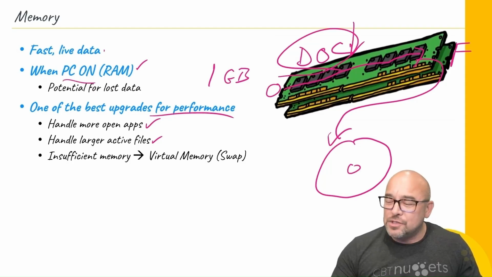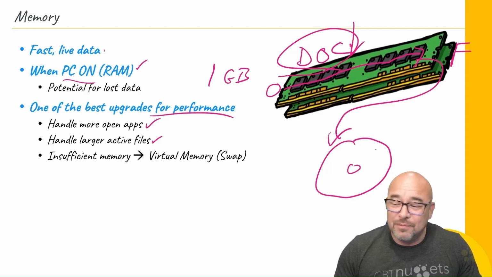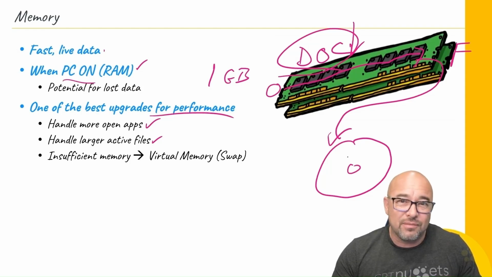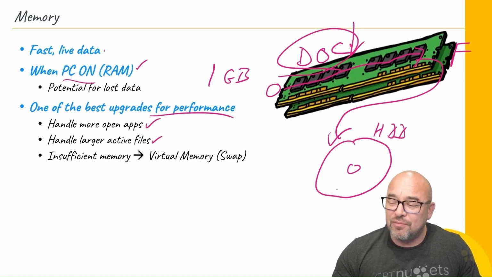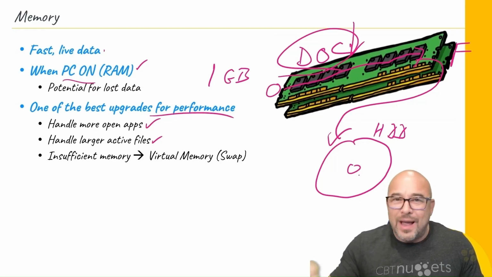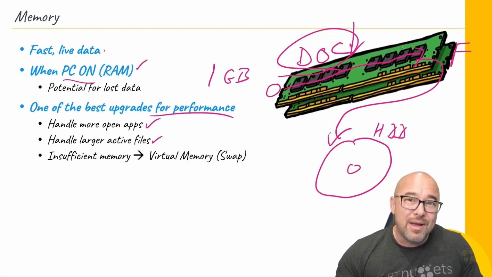Yes, you will. Because what's faster? This memory or the hard drive? Remember, a hard drive, at least in the fundamental sense, is a bunch of spinning metal platters that require an arm to go back and forth like a record player to read and write the data. That is probably thousands of times slower than what we have with memory.